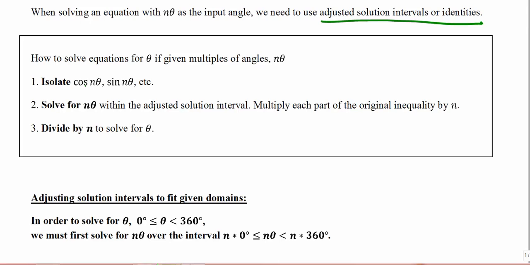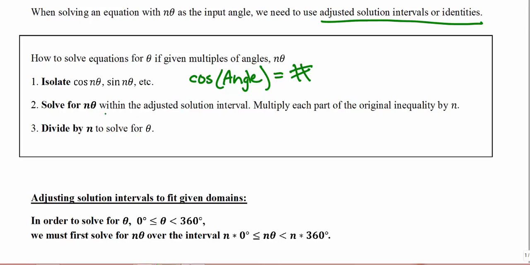We want to first get the trig function and its angle by itself on one side. So we want cosine of whatever the angle is equals a number on the other side. That's our goal. The next thing we're going to do is solve for the input angle, n times theta. And remember, n here is just representing any integer.